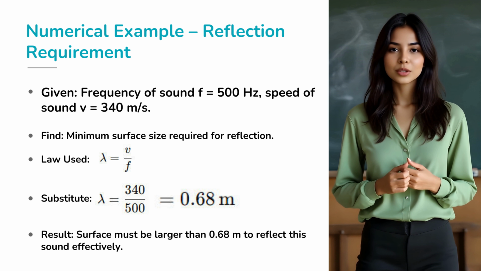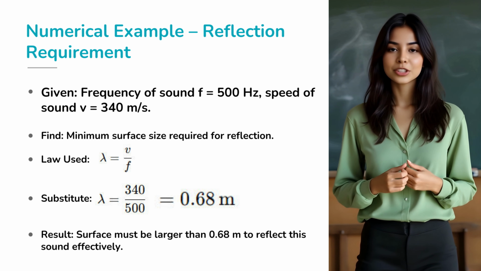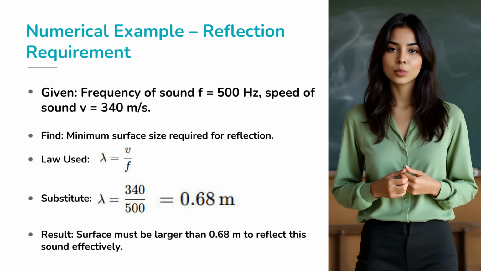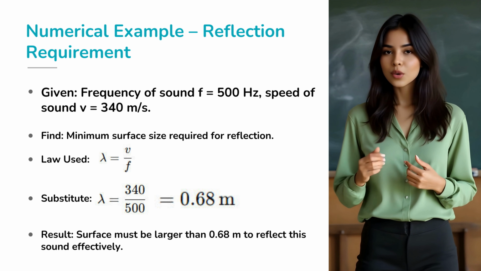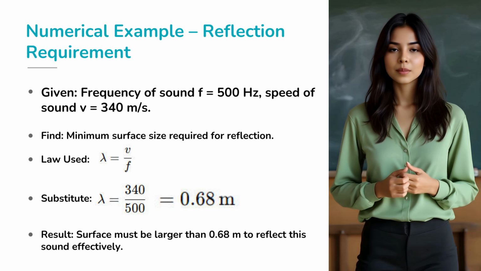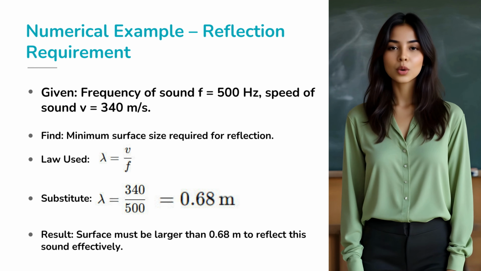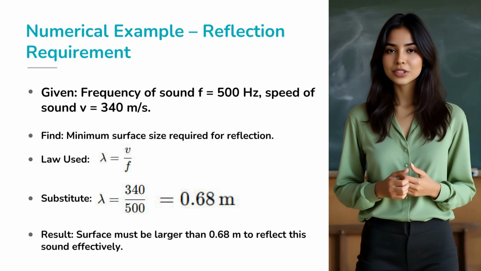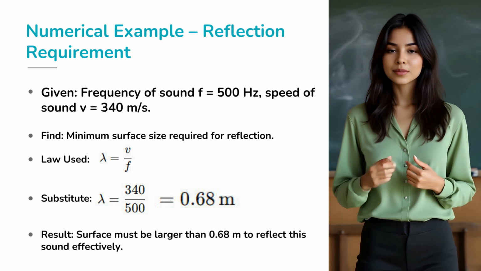The rule says the reflecting surface must be bigger than the wavelength, so in this case the surface should be larger than 0.68 meters. That means a large board or wall will reflect the sound, but something smaller like a notebook will not. So always compare wavelength with surface size before deciding whether reflection will happen strongly.